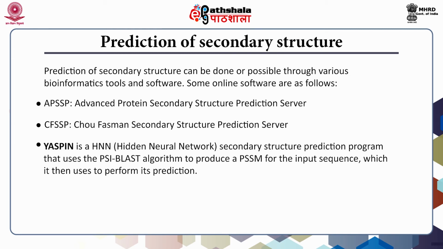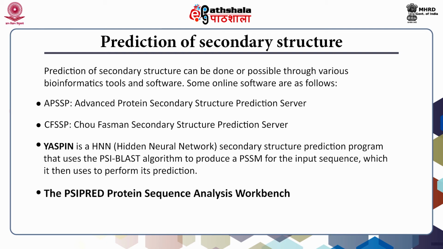YASPIN is an HNN hidden neural network secondary structure prediction program that uses the PSI-BLAST algorithm to produce a PSSM for the input sequence, which it then uses to perform its prediction. The PSIPRED protein sequence analysis workbench, and lastly the NPS network protein sequence analysis.